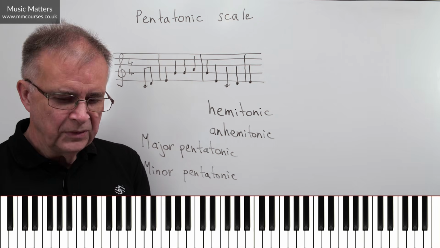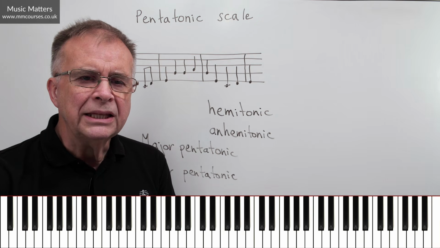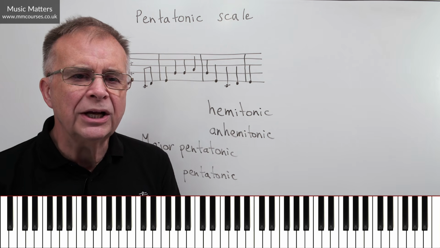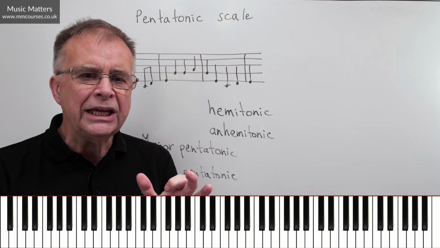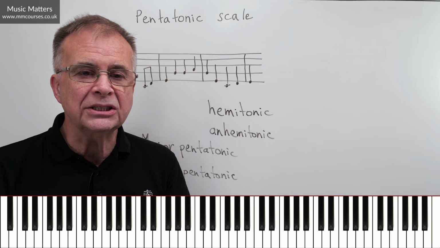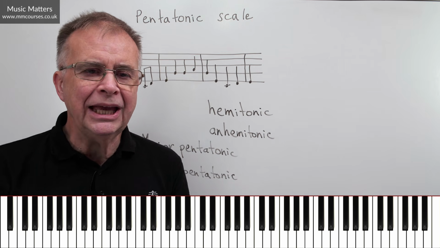So there we go. Okay, so what do we mean then when we're talking about the major pentatonic scale? Well, there are various ways in which an anhemitonic pentatonic scale can be put together.